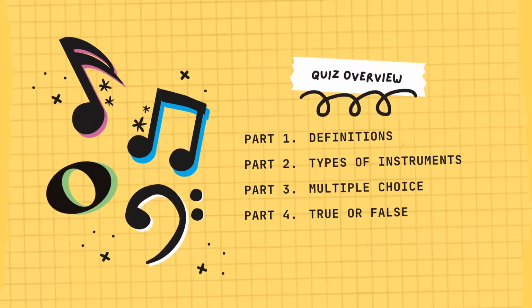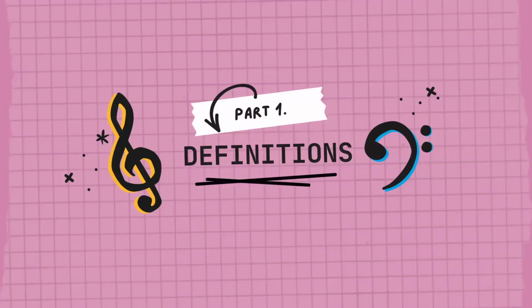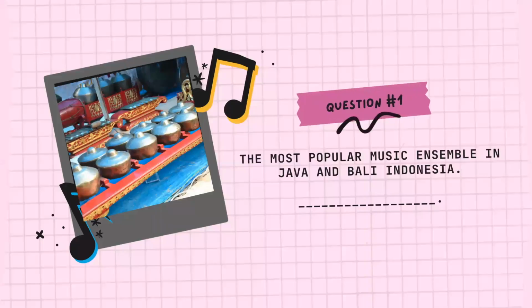For the quiz overview, there are 4 parts: the definition, types of instruments, multiple choice, and true or false. Let's start with question number 1, or part 1. The most popular music ensemble in Java and Bali, Indonesia is called?